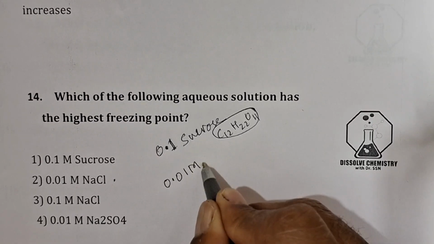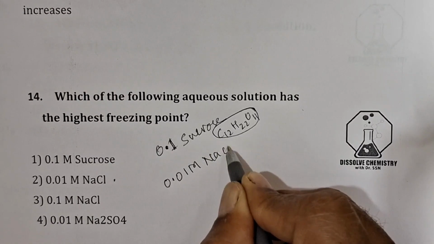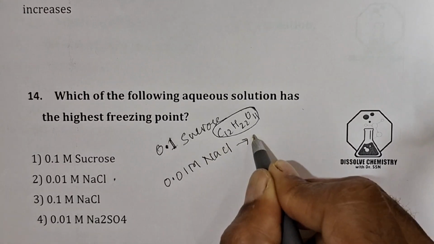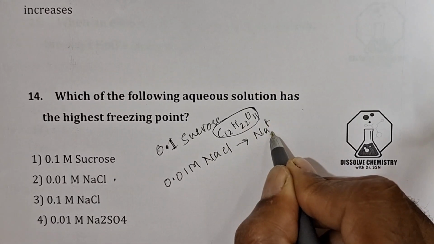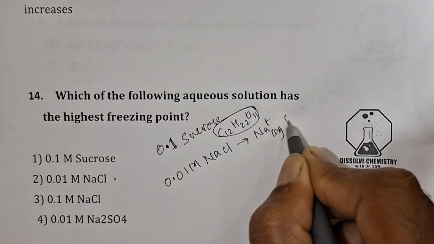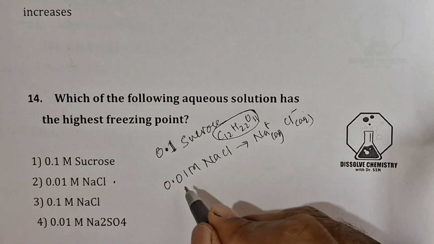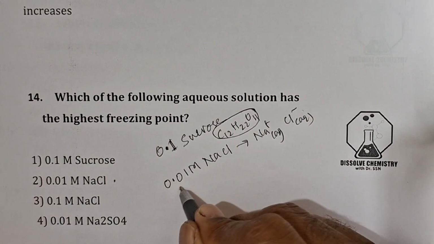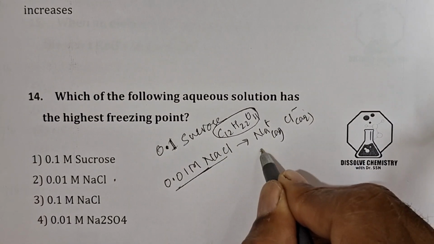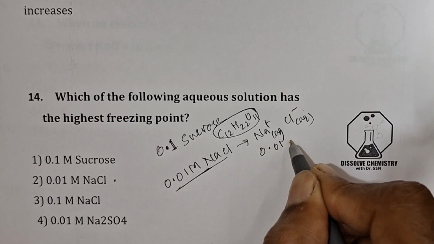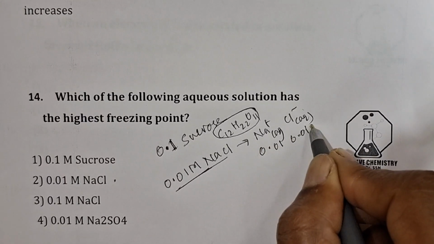Whereas 0.01 molar NaCl, we know that when you dissolve this NaCl, it undergoes dissociation to give Na plus and Cl minus in aqueous solution. So 0.01 moles of NaCl will give 0.01 mole of Na plus and 0.01 mole of Cl minus.